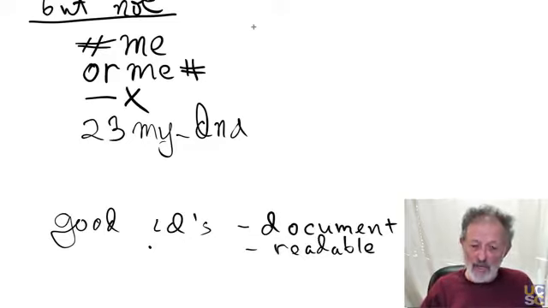X could be an identifier, but minus x is an expression. And 23 my DNA is not an identifier because the first character of that sequence is a digit. So that's not allowed. So digits are allowed anywhere but in the first character. Underscores and alphabet are allowed anywhere, including the first character.